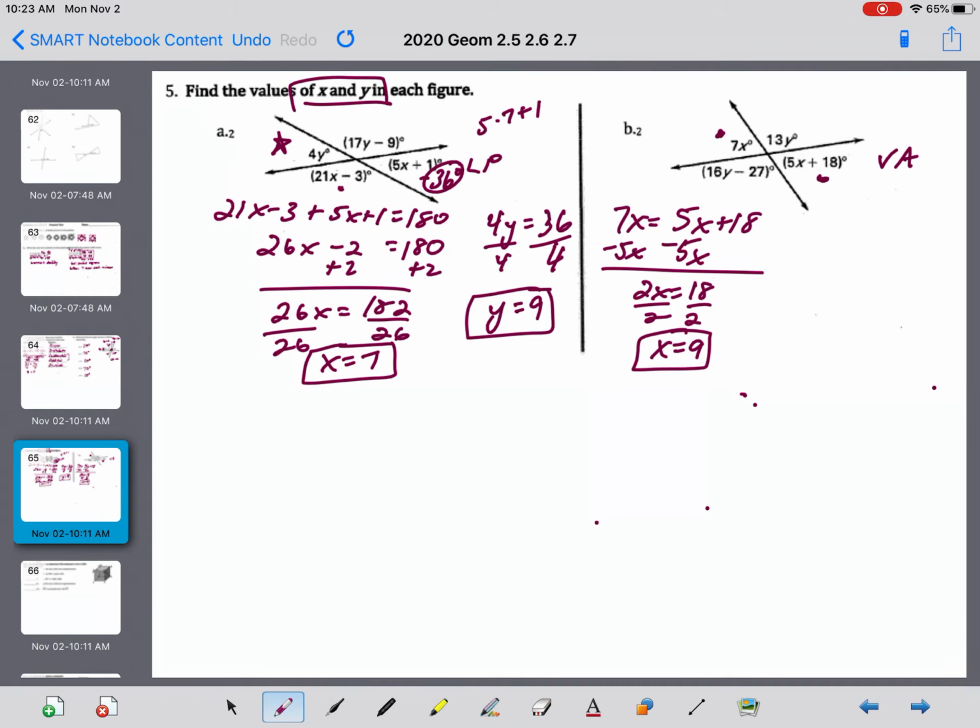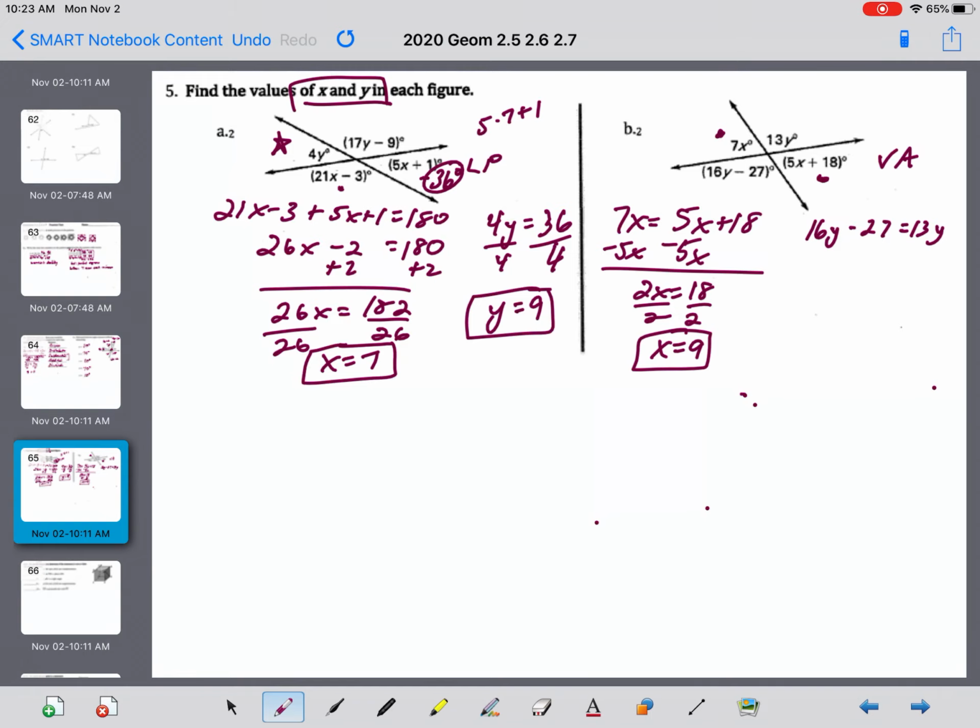Now, this one, I could just do my y's using vertical angle setup. I could also substitute my x value in and use linear pairs. But vertical angles I like, so I'm just going to go 16y minus 27 equals 13y.